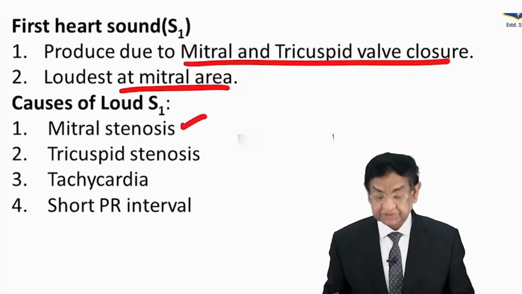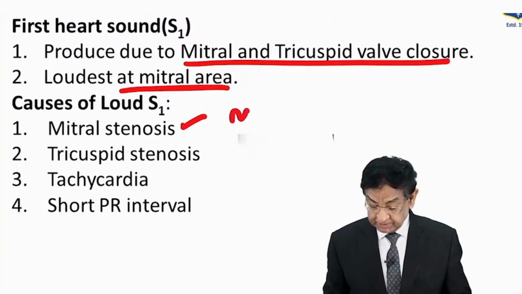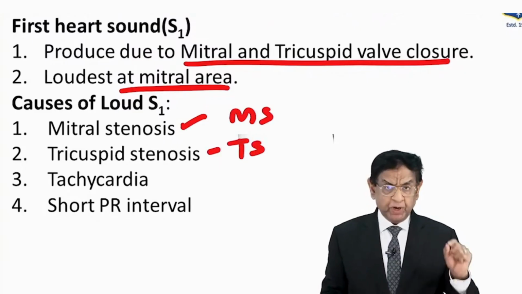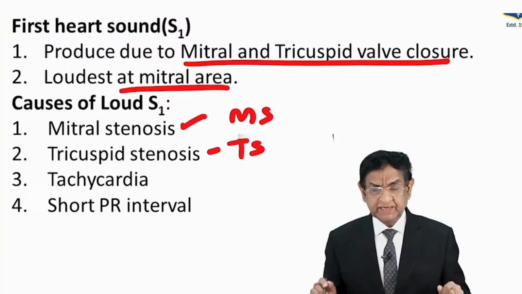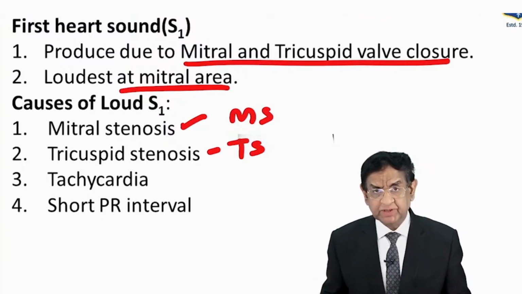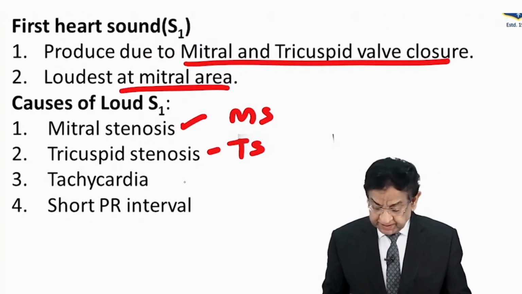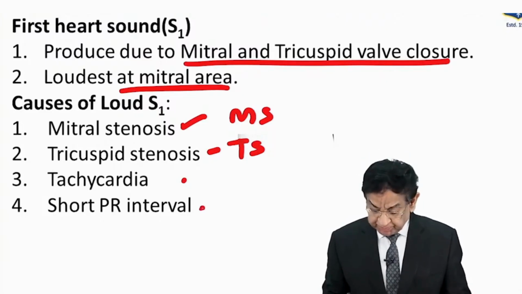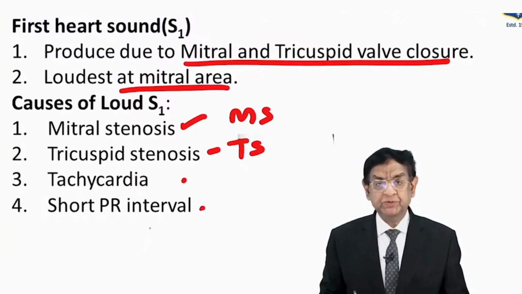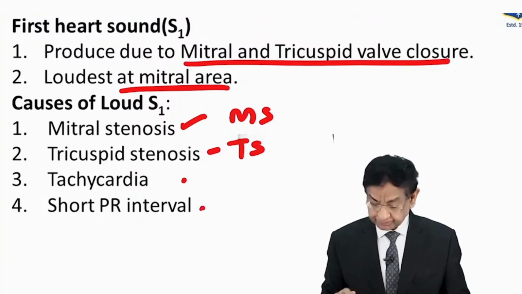Mitral stenosis, tricuspid stenosis. Point to be noted, both these valves, due to which this sound is produced, if they are narrowed down, can lead to loudness of S1. Tachycardia, any reason of increased heart rate, and short PR interval all lead to loud S1.